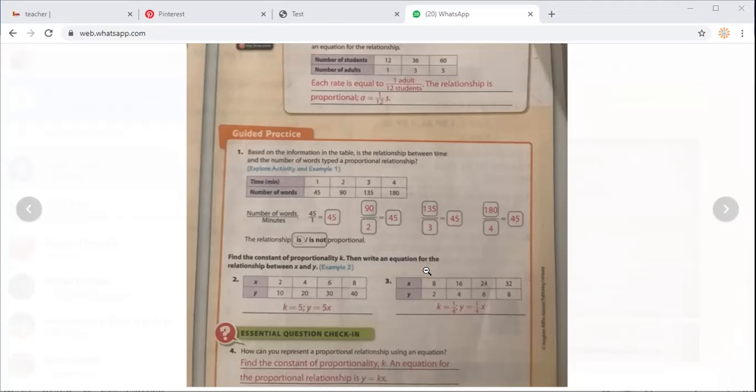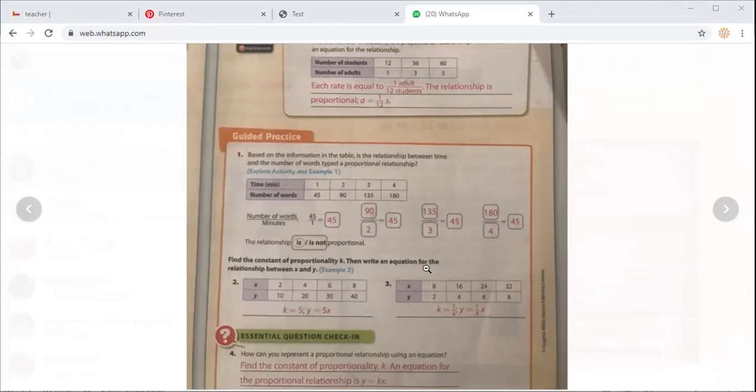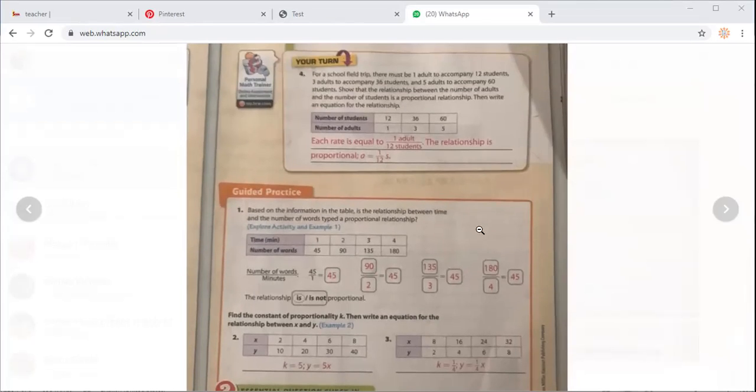Find the constant of proportionality, K, then write an equation. So you can see in this table, you want to find the constant of proportionality and write the equation. If a question asks whether it is proportional or not, read the title of the question.